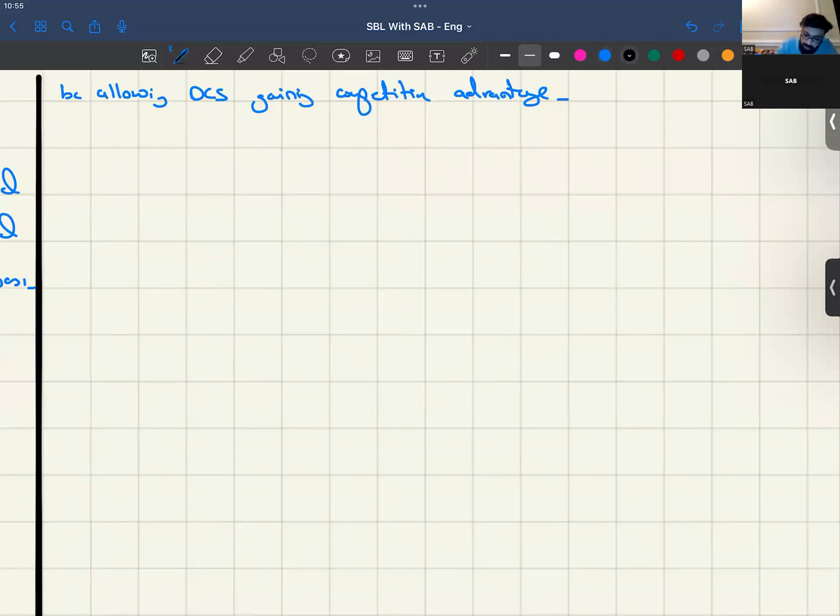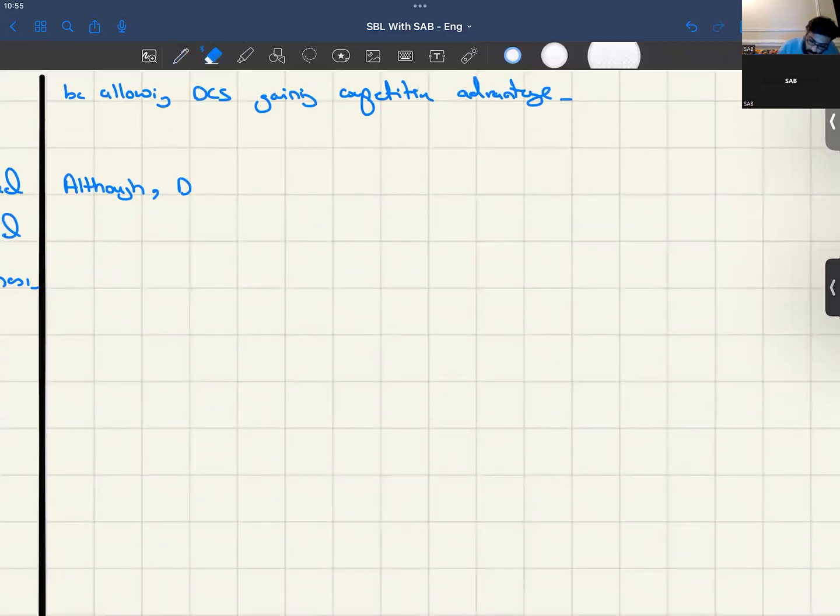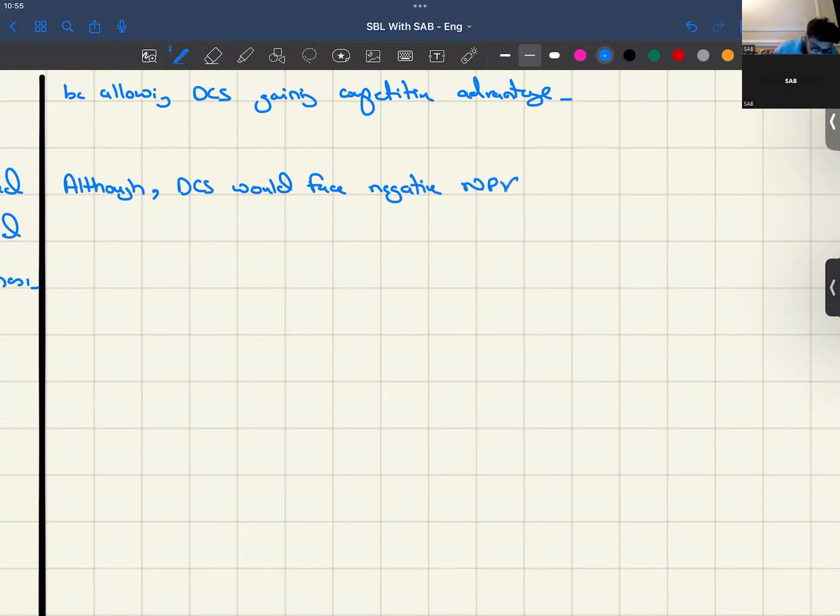Now see how I would justify the realignment strategy. Here comes the conclusion, right? Although DCS would face a negative NPV of 11,000 for the next 3 years, right?